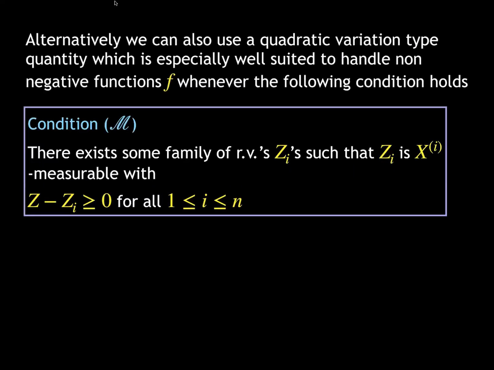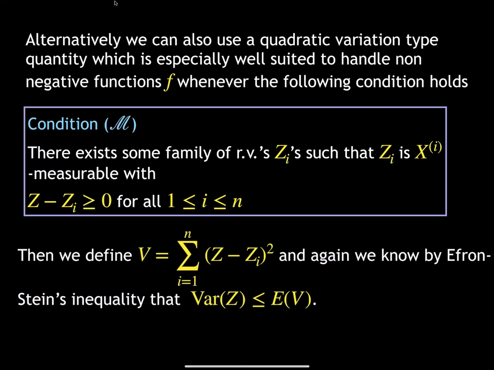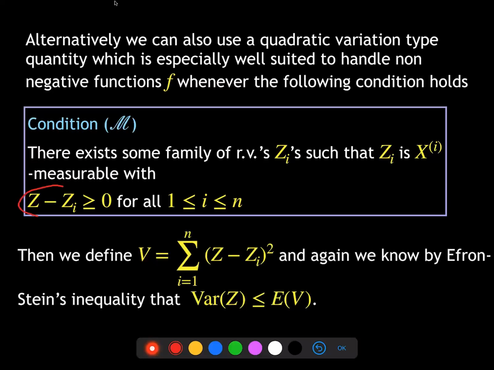If you have at hand a family of X^(i)-measurable variables Zi, such that Z minus Zi is non-negative, then you can define V as the sum of the differences squared between Z and Zi, and again, by Efron-Stein's inequality, the variance of Z is less than the expectation of V. So in this case, for Efron-Stein's inequality to hold, you don't need the differences to be non-negative, but nevertheless, we need this condition in order that the moment inequalities that we shall prove hold.